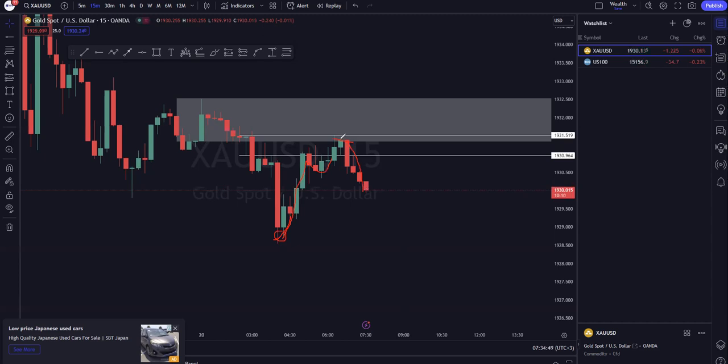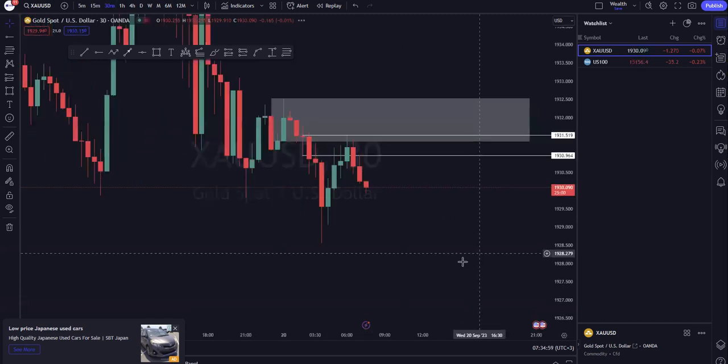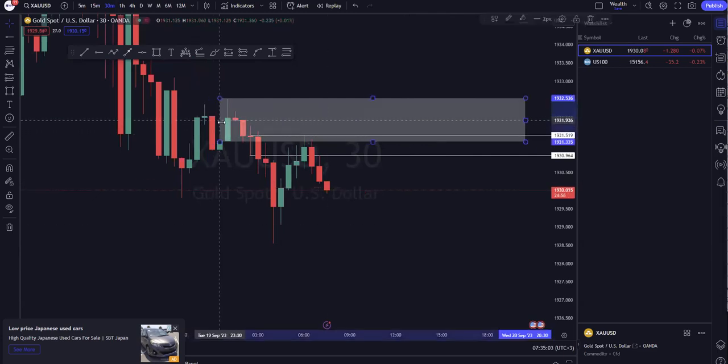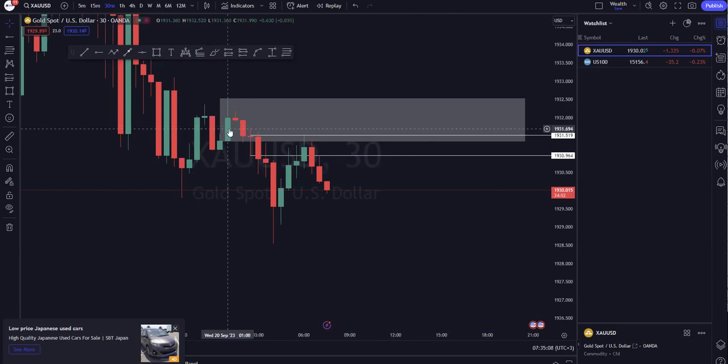So when I entered here, the reason for my entry was this order block on a 15-minute time frame. If I go to a 30-minute time frame, the only thing we are going to see is the order block, this one that I marked, which started a move down, breaking the low by creating a new low.